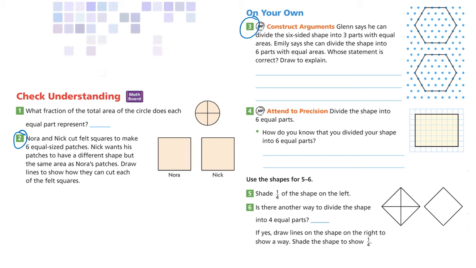Welcome back, boys and girls. Let's see how you did. Tyler, you ready to help me out? Yep. Okay, let's start with check understanding. Number 1, what fraction of the total area of the circle does each equal part represent? Now we're talking about each part, each equal part. So what fraction would you write for each equal part? I would write 1/4.